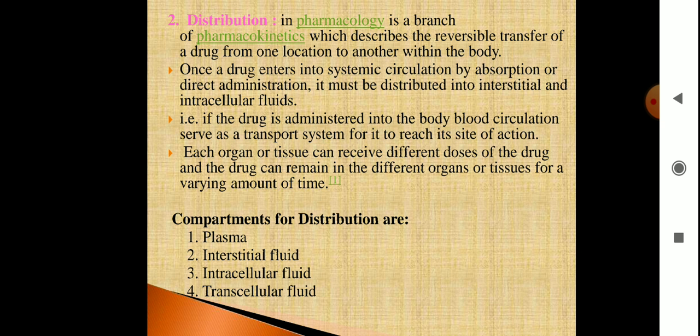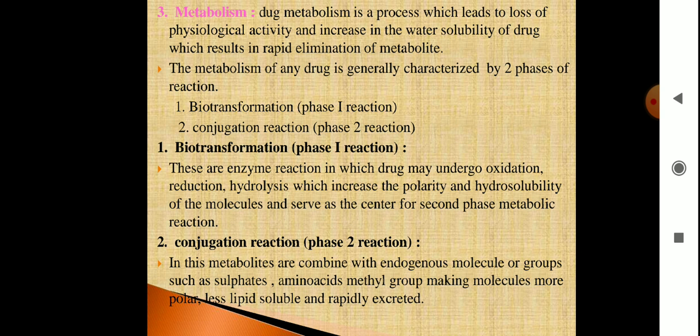Each organ or tissue can receive different doses of the drug, and the drug can remain in different organs or tissues for varying amounts of time. Some of the compartments involved in the distribution are plasma, interstitial fluid, intracellular fluid, and transcellular fluid. These are some of the compartments where the distribution will occur.